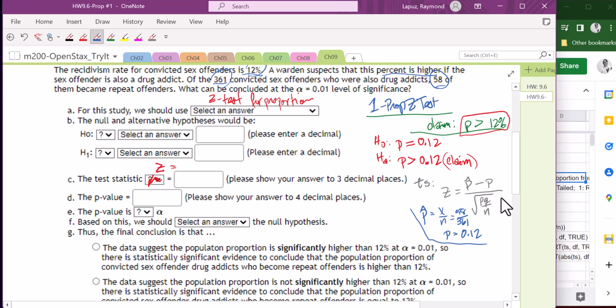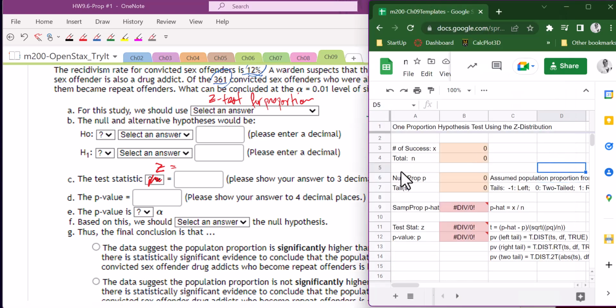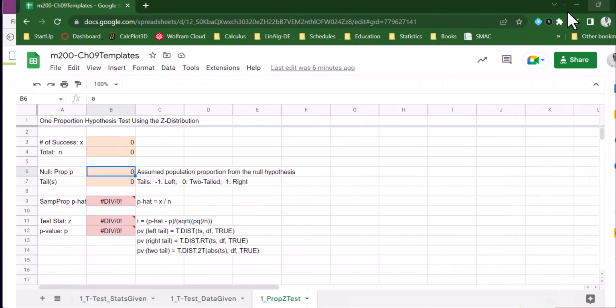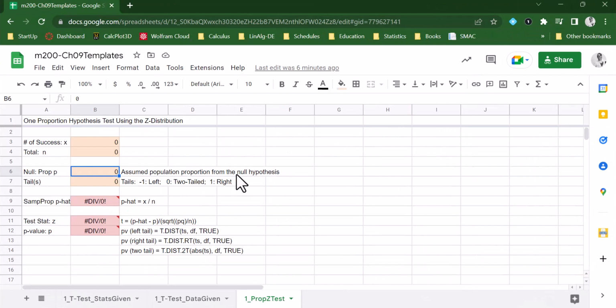or into our Google Sheets. Now, just like before, I will have a template for this. In the template, you'll input the number of successes, the total number n, and your assumed population proportion from the null hypothesis. Let's extend this real quick. And here it's going to ask you which tail it is.